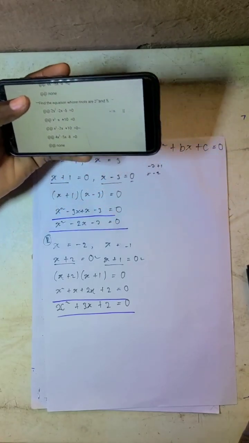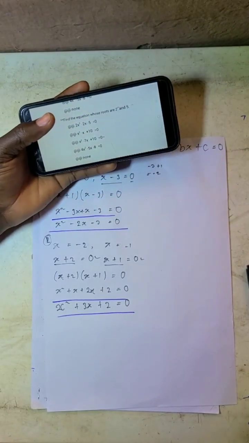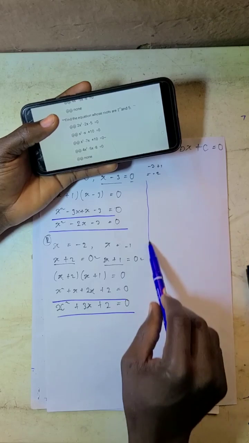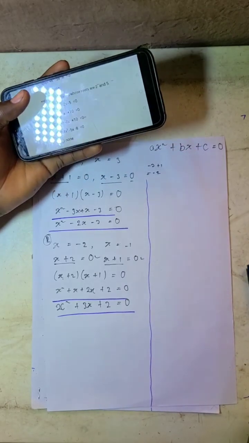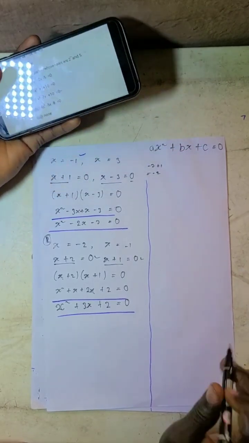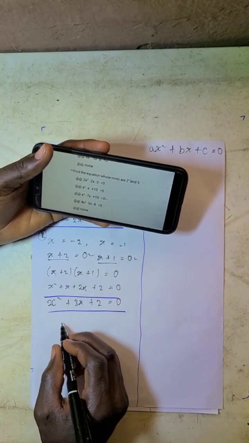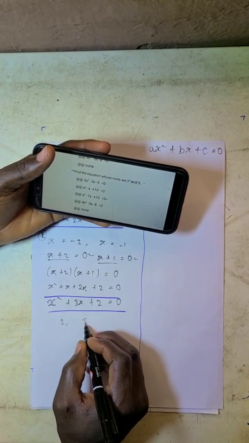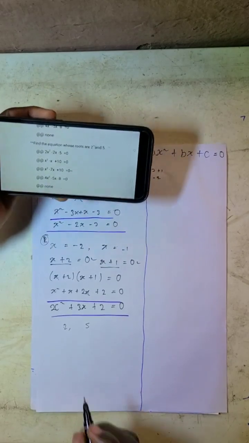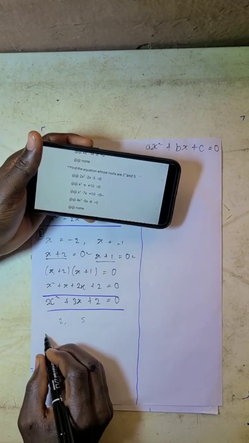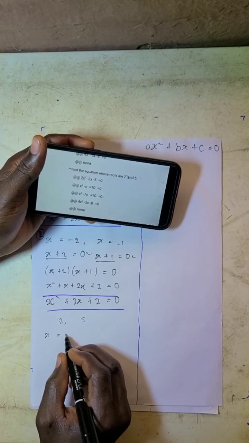Let's look at this last one. They're almost similar processes, but the more you do, the more you remember. So after this class, you can go and solve more questions on your own. Now, look at this. The next one says our roots are 2 and 5. The first step is to equate your x to it. You now say that your x, your answer, is 2.